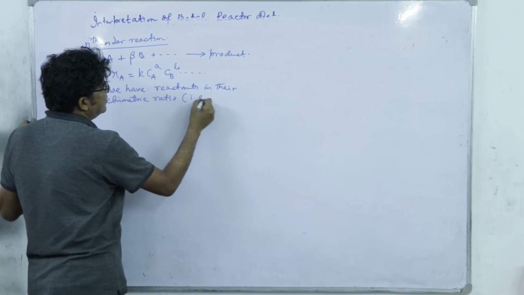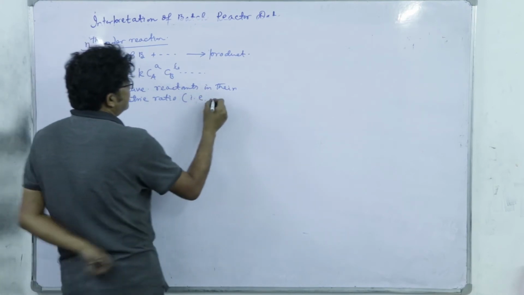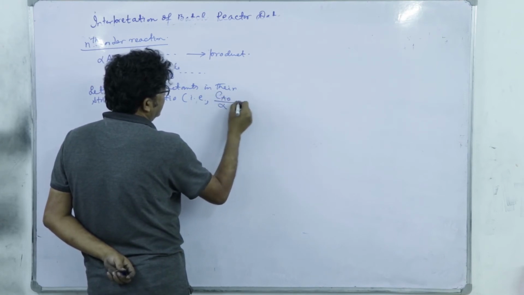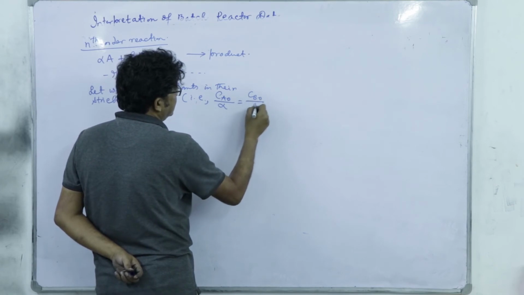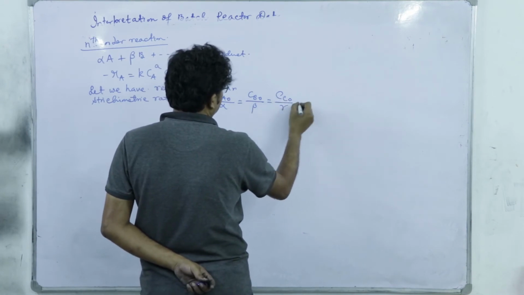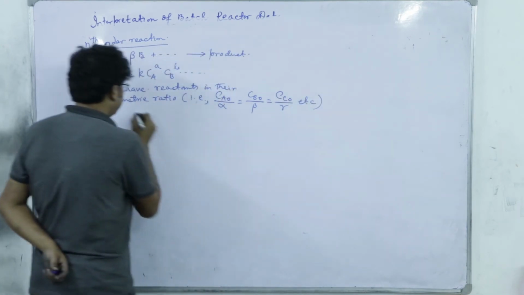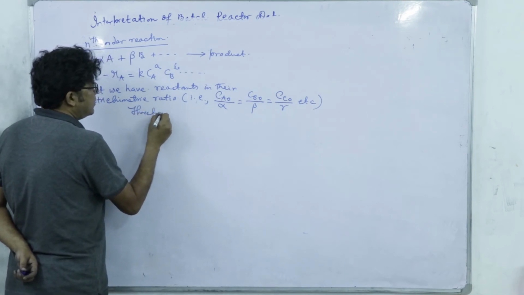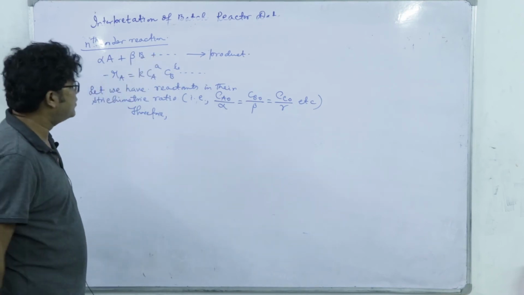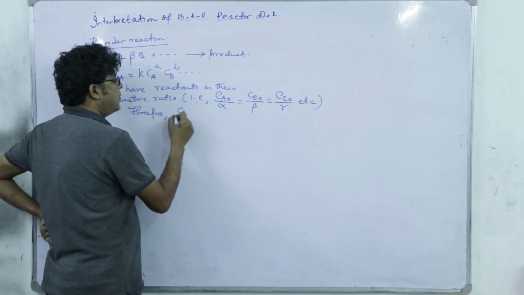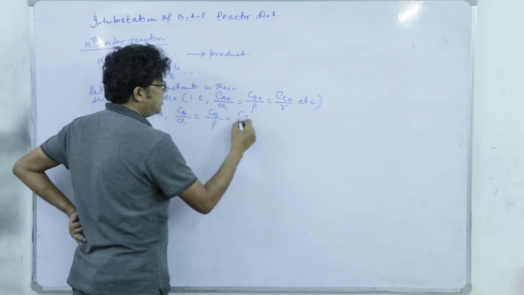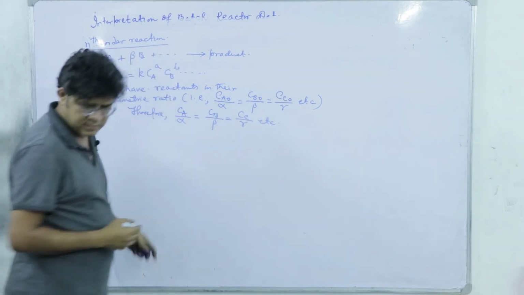That is, Ca naught by alpha equal to Cb naught by beta is equal to Cc naught by gamma, etc. Therefore, as the depletion takes place in terms of their stoichiometric proportion, we will have Ca by alpha equal to Cb by beta equal to Cc by gamma, etc. Right.